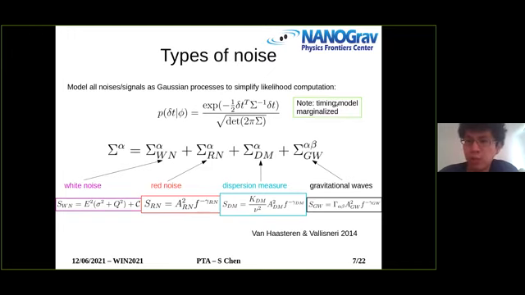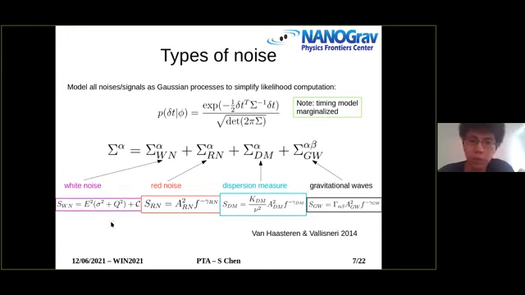The timing model here refers to all the parameters that we associate to the pulsar itself: the pulsar mass, the pulsar companion mass, where the pulsar is in the sky, and these kinds of things. So we know where the pulsar is, and we model that away. And so the remaining things are these four broad categories of noise terms.